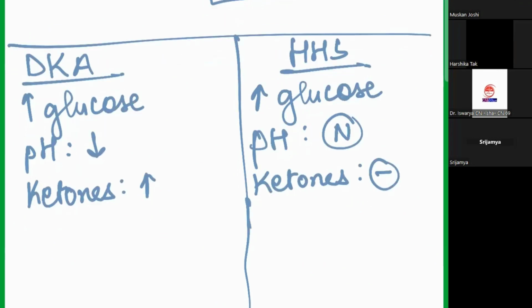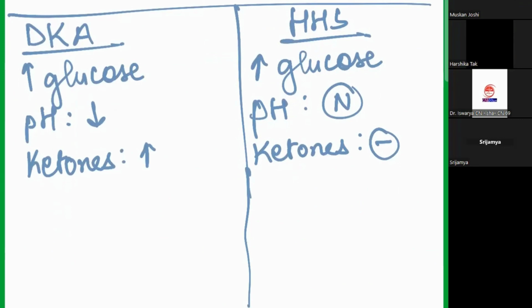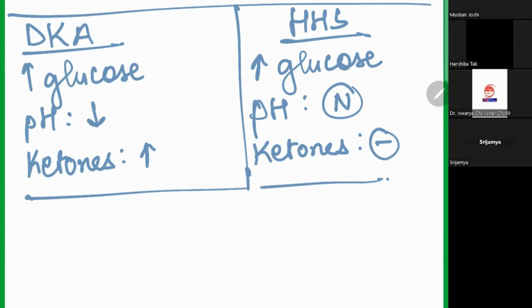Now, from here you got that ketones are not there, and they might ask treatment, or they might ask you the complication. So for the DKA complication, I already told cardiac arrhythmia, and here it's coma or death.